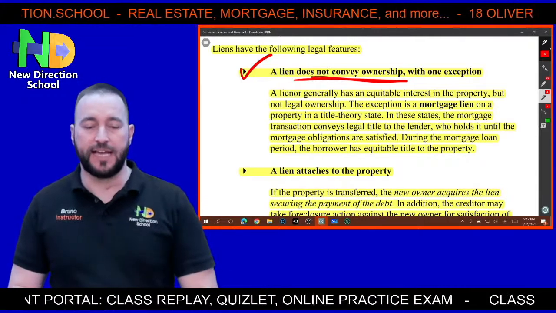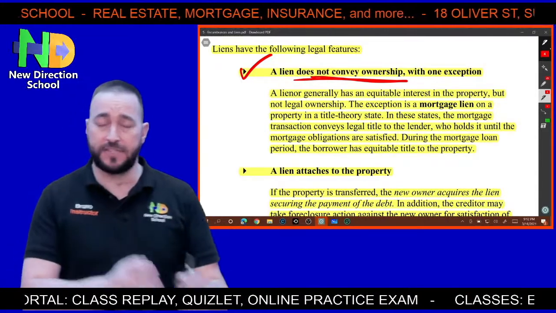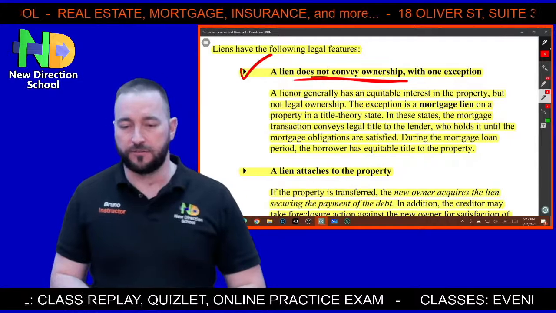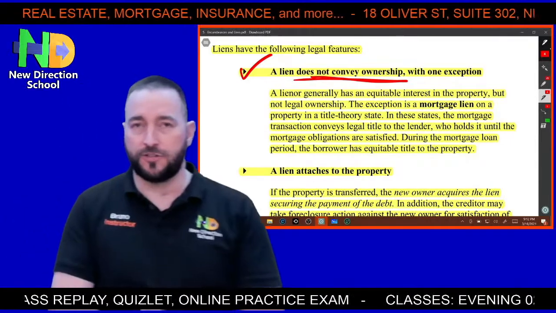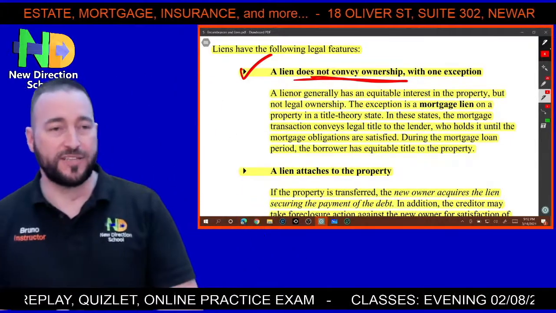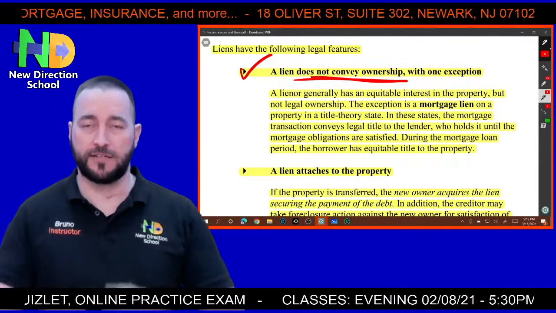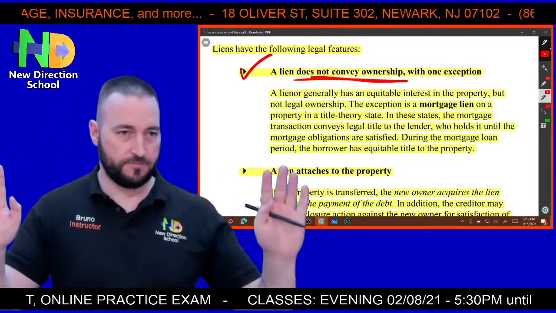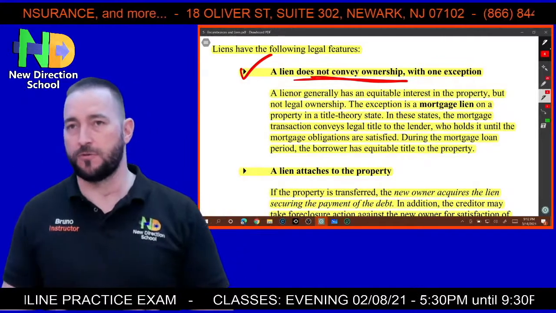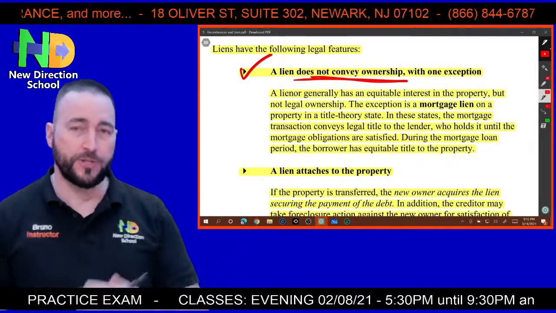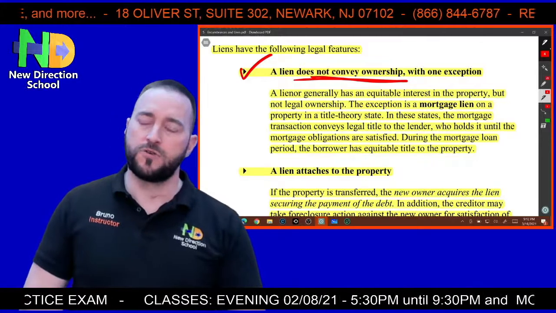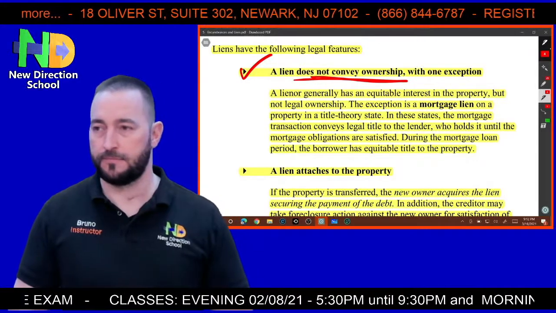In certain states, we have what's called a title theory state. We are a lien theory state. But in a title theory state, it operates like a car, right? When you finance a car, and don't worry, we're going to repeat all this. So if it gets confusing right now, we're going to repeat all this in a different chapter. But when you buy a car, who gets the title? No.